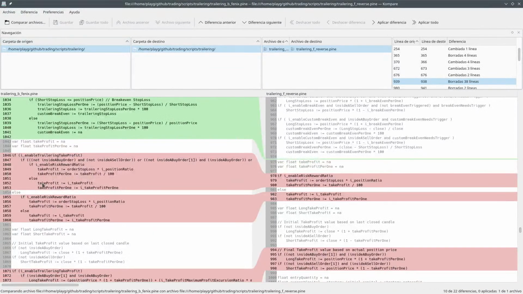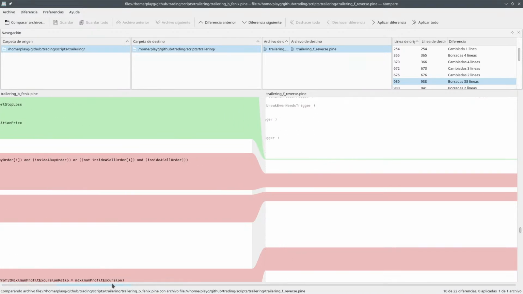Wait a moment. So these are the default values, okay? And here we have this, we want this condition to be true in order to have a specific take profit and take profit per one. Otherwise we don't want to have this in any way. So that means that we want to have all of this condition.